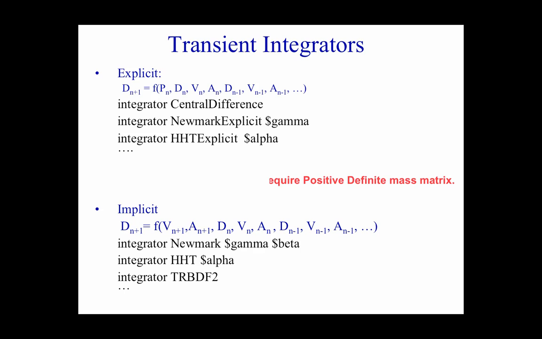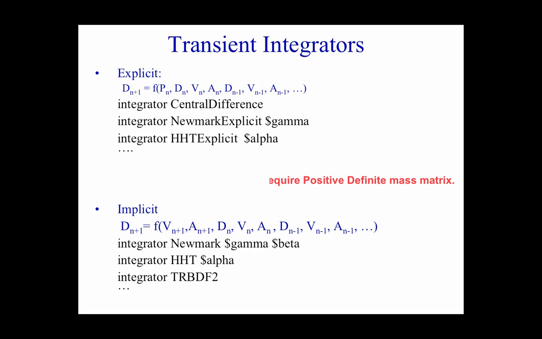If the mass matrix is not a full system, it's not solvable, and the analysis will fail. Everybody understand that? Okay.